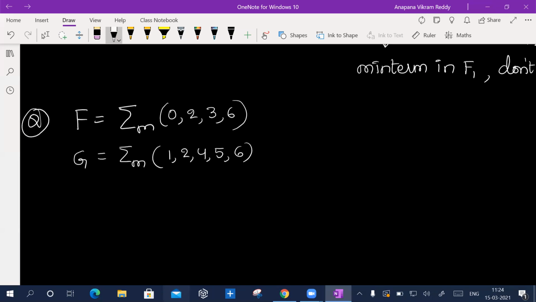Okay, so if I ask you, find H such that H is equal to F and G. Now what is the answer for H here?